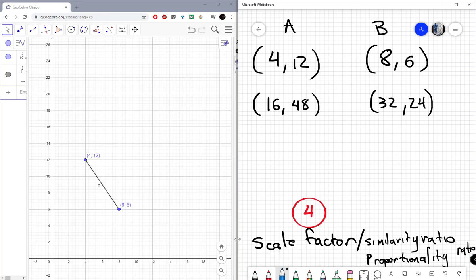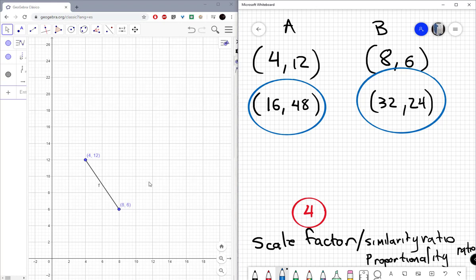These new coordinates are going to be defining the new segment that is a homothesis of the original. They are going to be the coordinates of the tips of the image of our first segment.